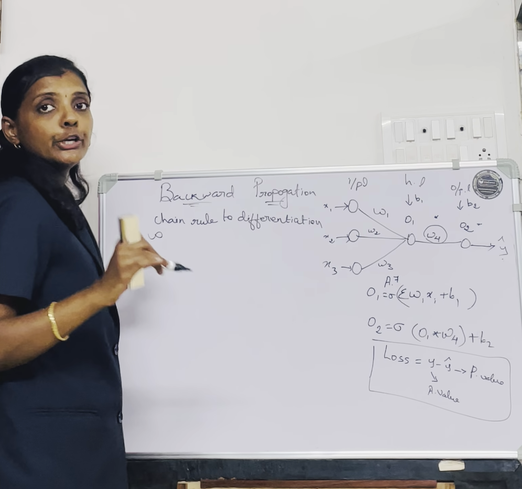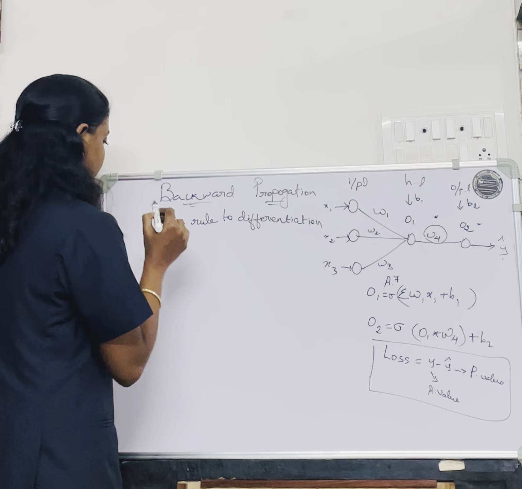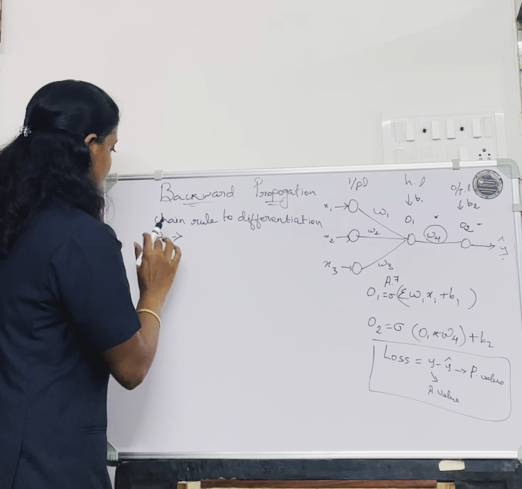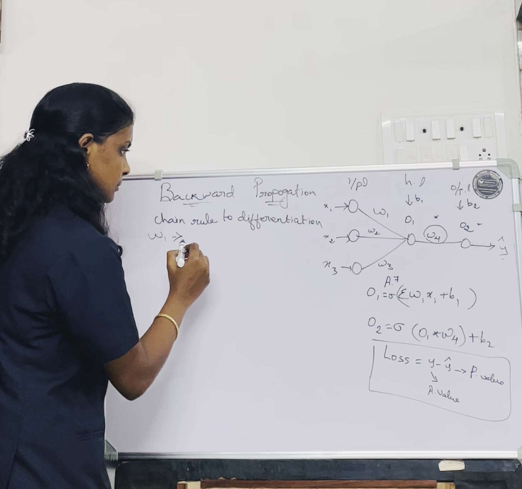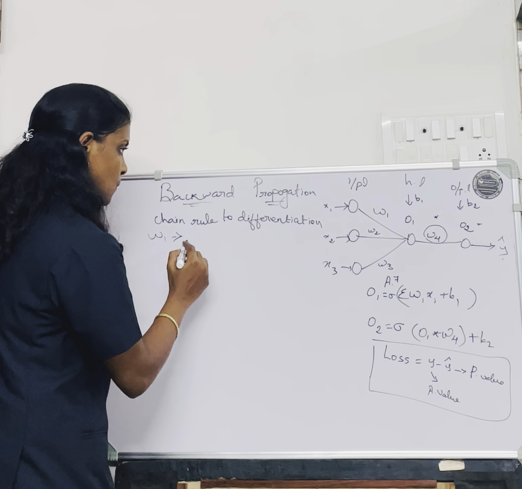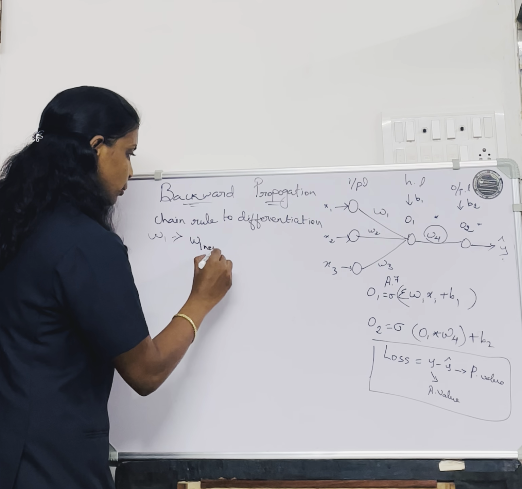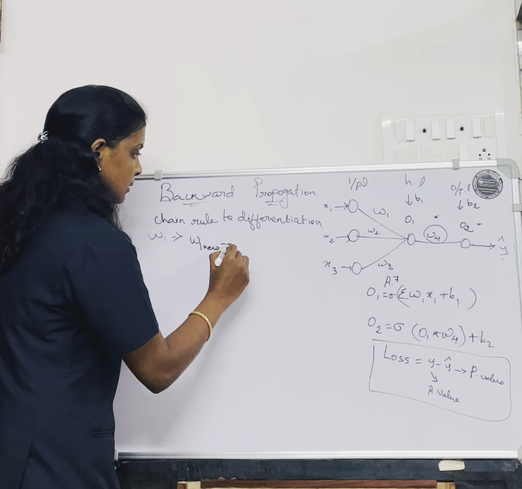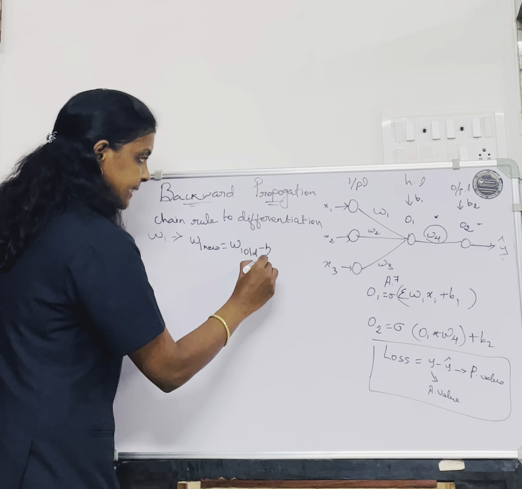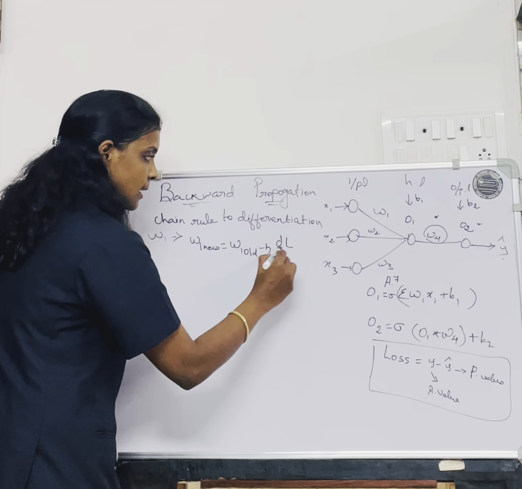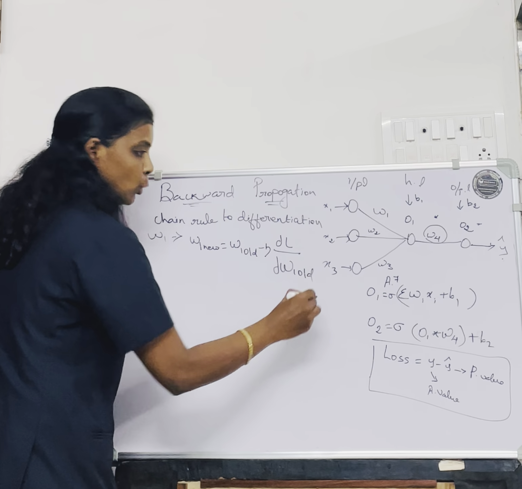Now we are going to update the weight W1. W1 new equals W1 old minus learning rate times the derivative of loss by derivative of W1 old.